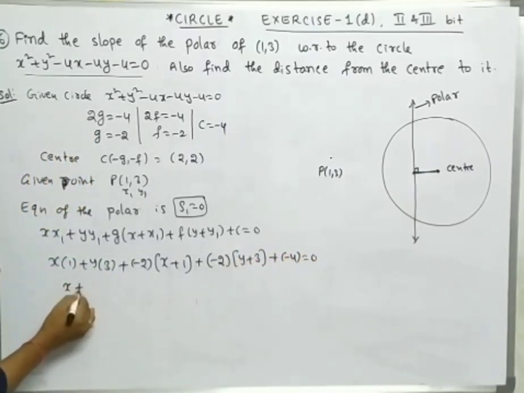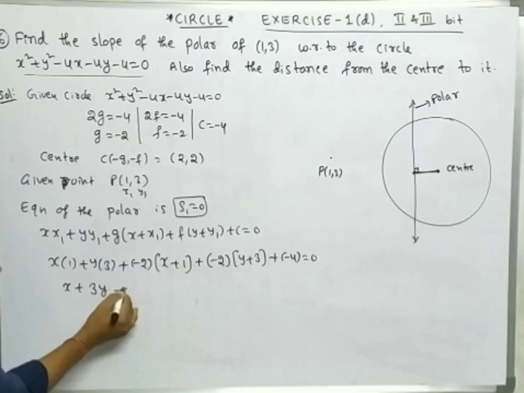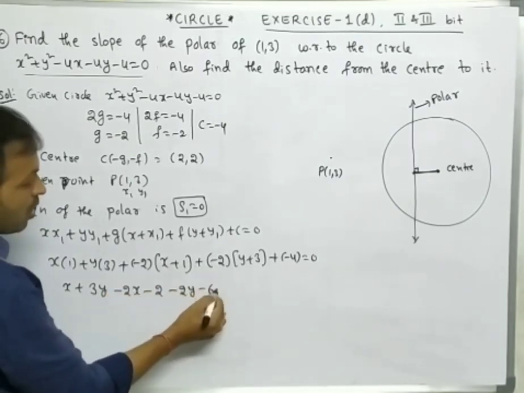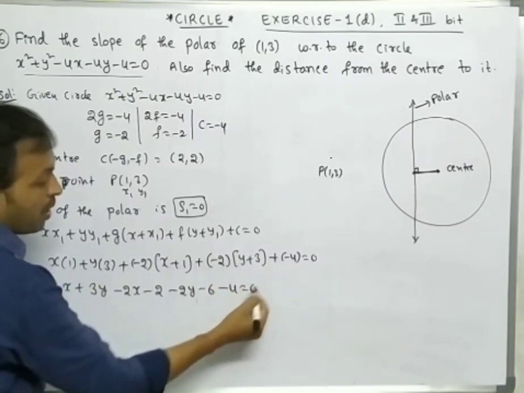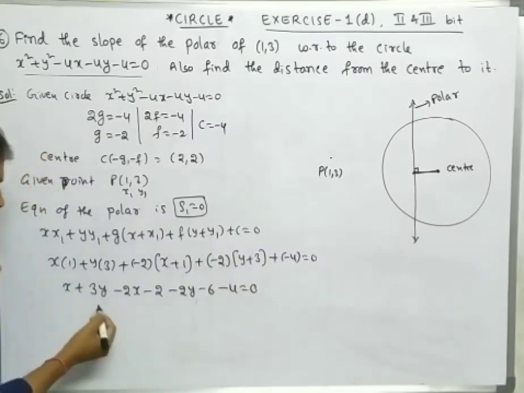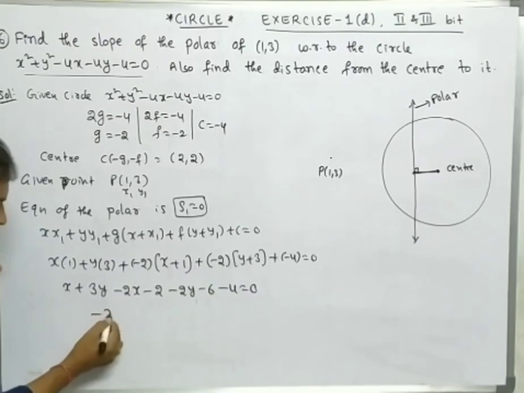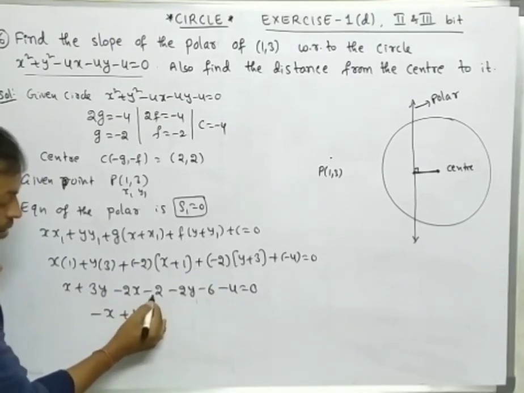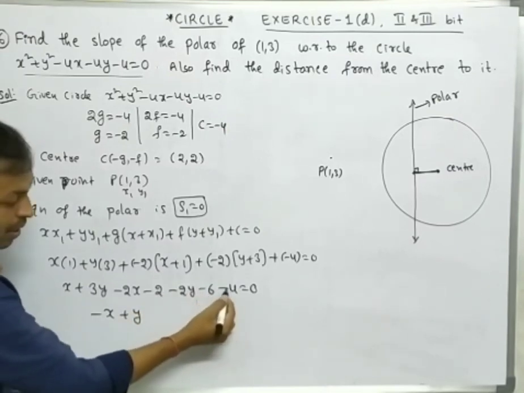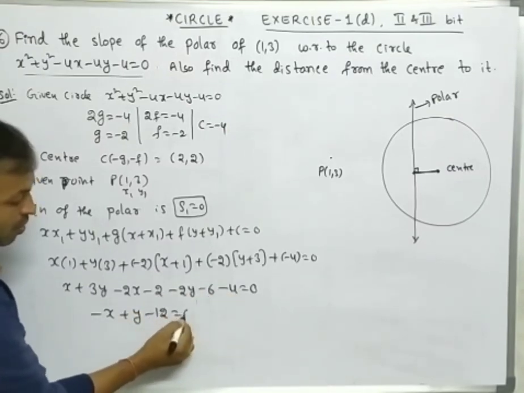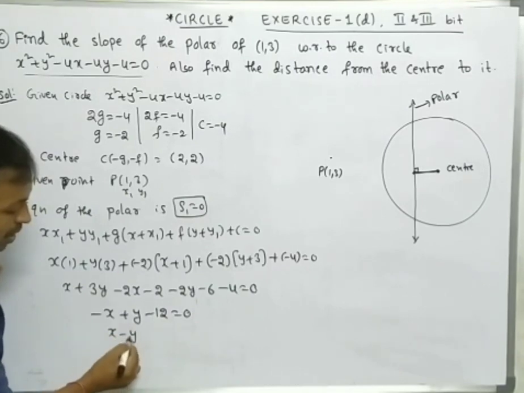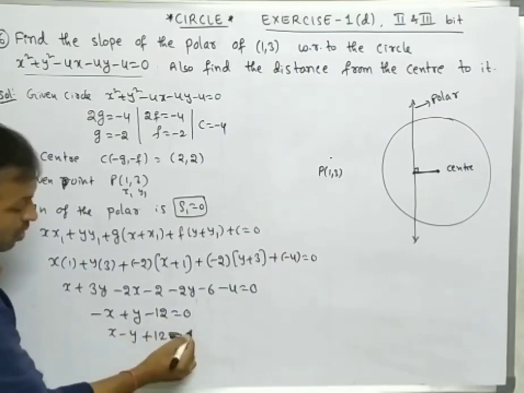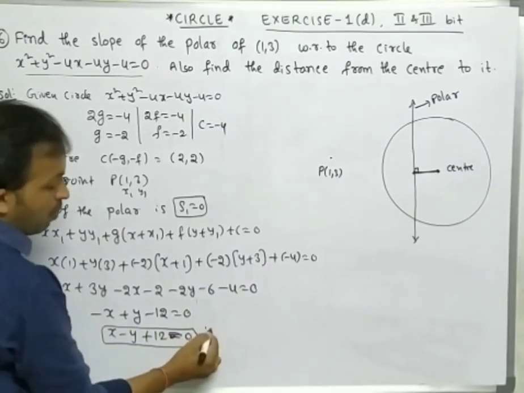So x + 3y − 2x − 2 − 2y − 6 − 4 = 0. Combining: x − 2x = −x, 3y − 2y = y, and −2 − 6 − 4 = −12. So −x + y − 12 = 0, taking common, x − y + 12 = 0 is the equation of the polar.